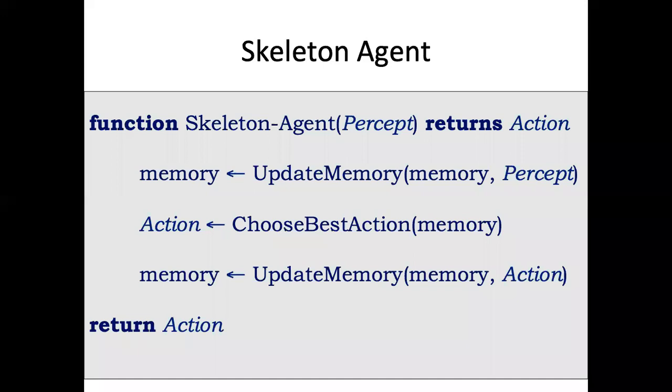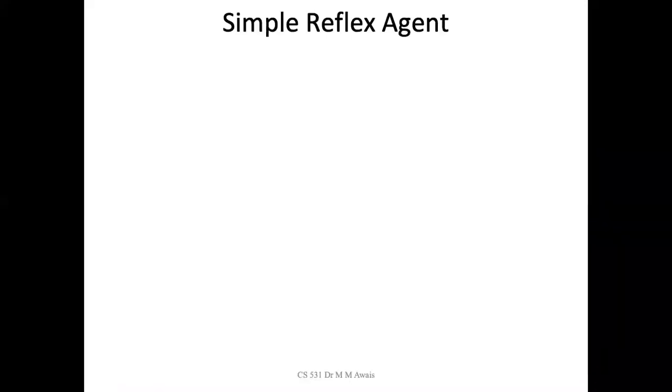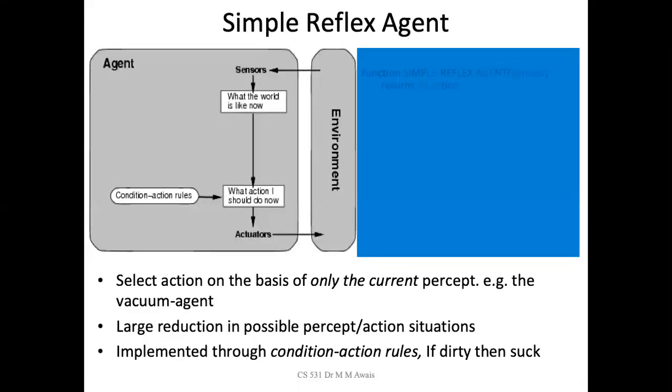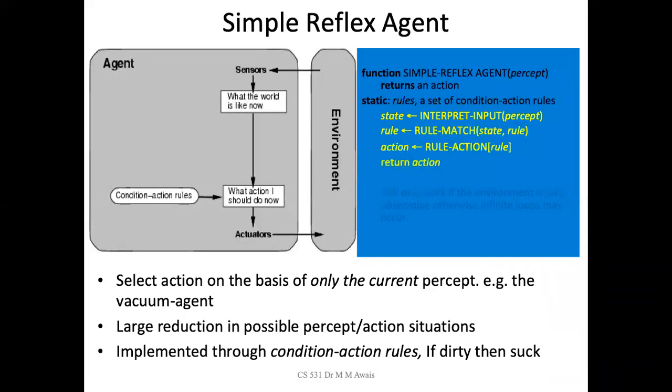और इसके अंदर आप changes करते रहेंगे as you incorporate more and more agents here or the type of agent that you incorporate here. For example, the simple reflex action agent, if you look at the right box, this is what would happen in a simple reflex agent. ठीक है, तो reflex agent के अंदर क्या है, you have the percept, you interpret your inputs and then you match what is the state you are in.